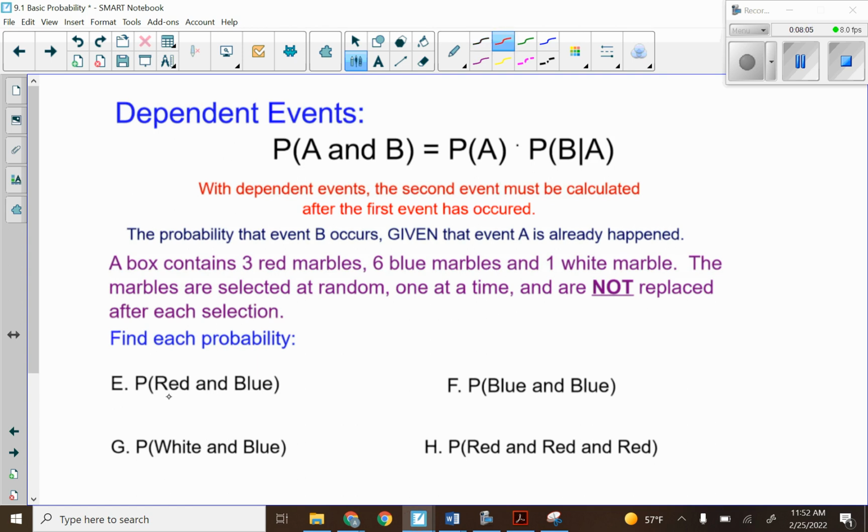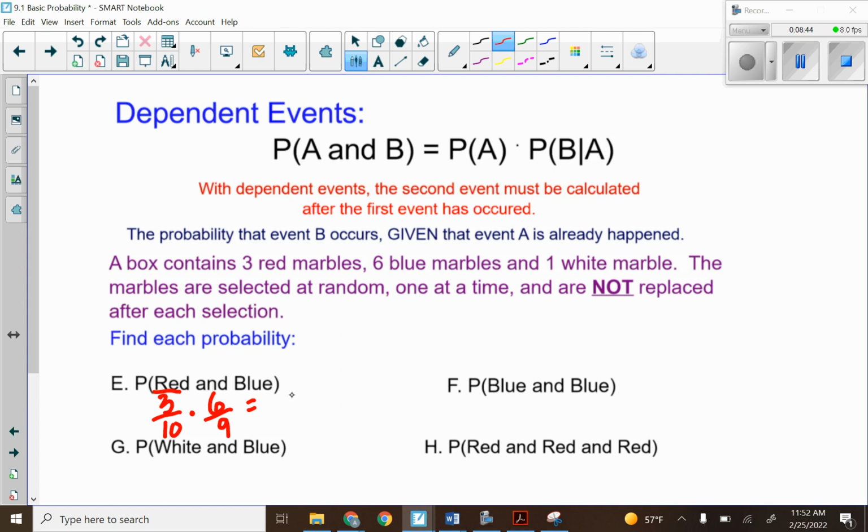So you always start with what's there first. So I start with that red, 3 out of 10 marbles. But I now have this 1 marble in my hand, so the probability of me getting a blue marble is now 6 out of 9. Since I took 1 marble out, I only have 9 marbles left.